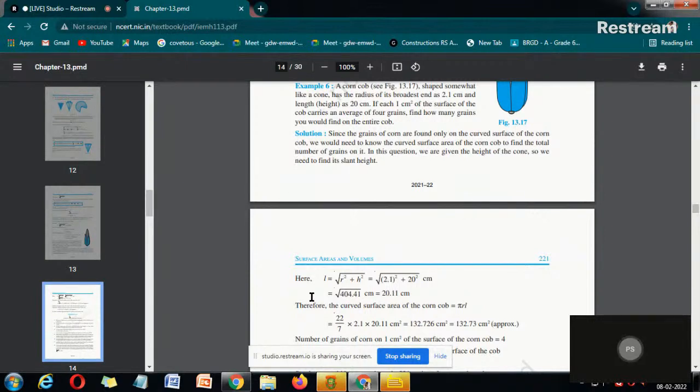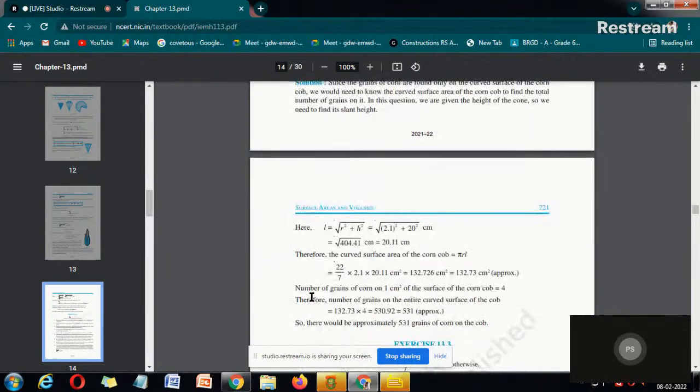Radius here is 2.1 square, height here is 20 square. So you will get the answer as 20.1111 centimeters. This will be our slant height.